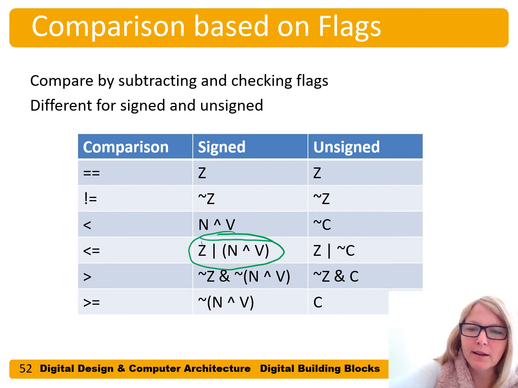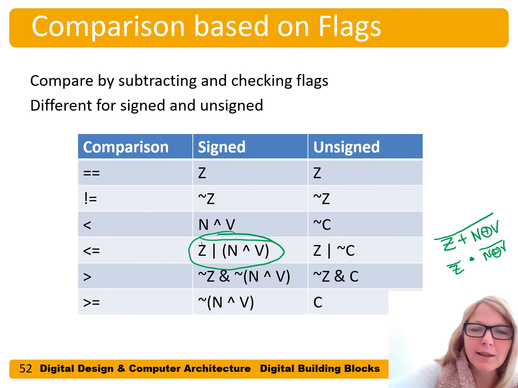So we get Z or N XOR V, and we invert that. And then we can do De Morgan's on that and say, okay, well, turn that OR into an AND, bring down the terms, and then invert them.